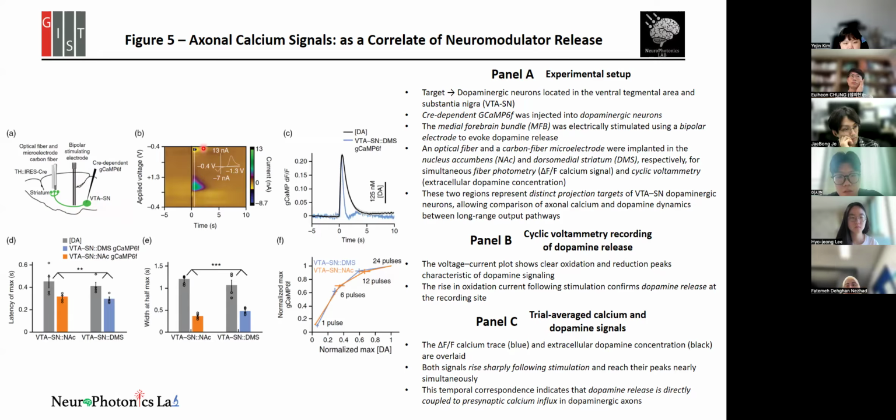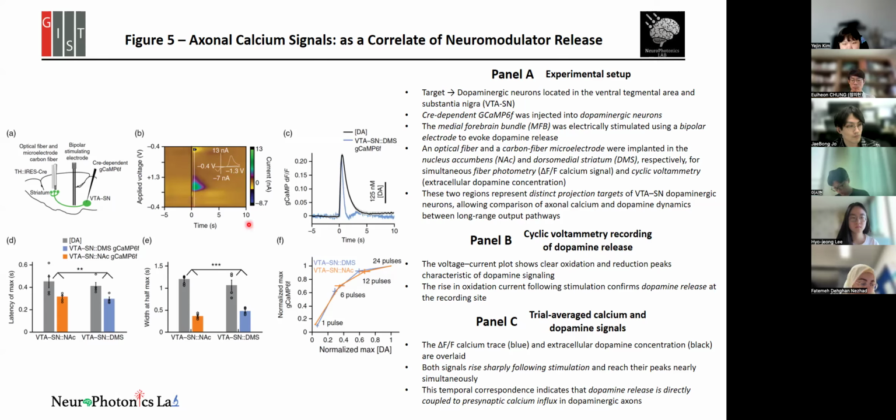And panel B shows the in vivo imaging result. Figure B displays the measurement of dopamine release using cyclic voltammetry. And here, the rise in oxidation current following stimulation confirmed dopamine release at the recording site.